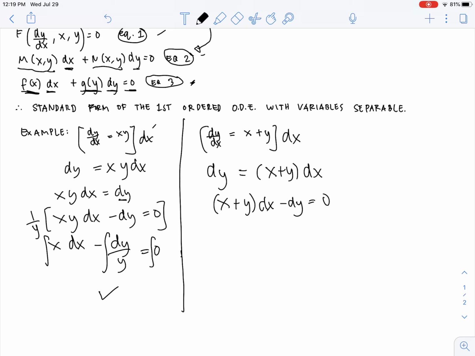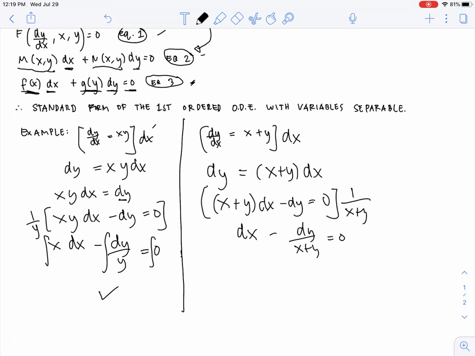For example, if we divide both sides by x plus y, it becomes dx minus dy over x plus y equals 0. But the problem is the x and y are still not separated.